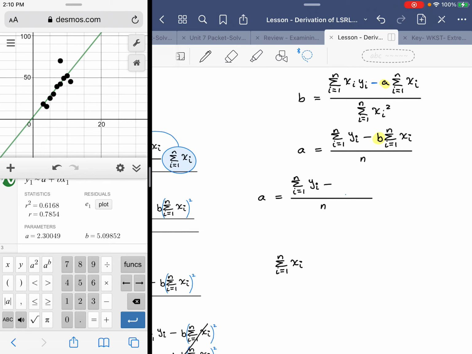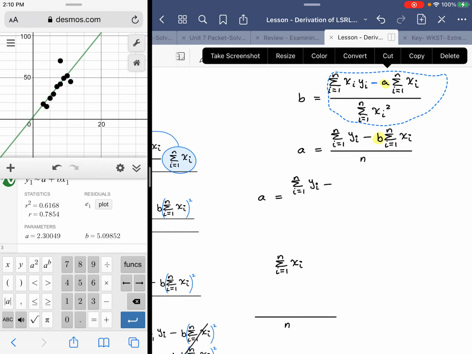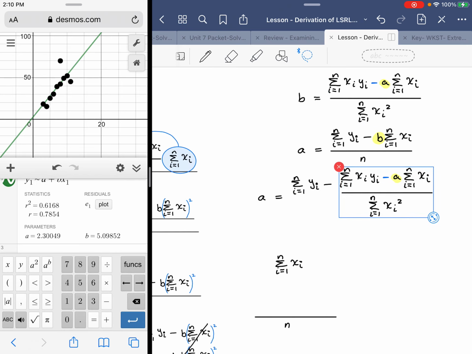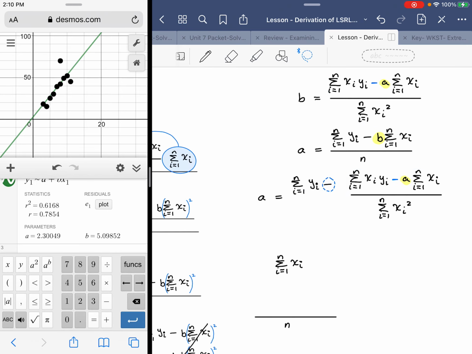So all of this stuff, I'm just going to chuck it out of the way for a sec. All the b. Okay, bring this down, clean this up. Now that's all multiplied by this.